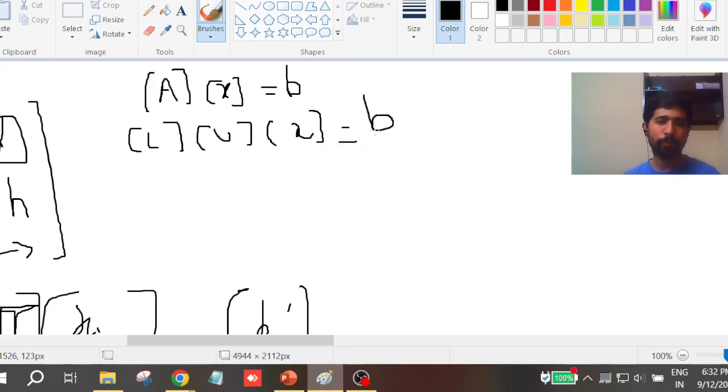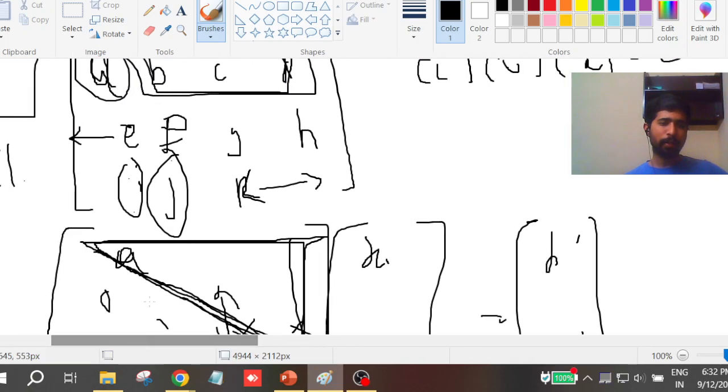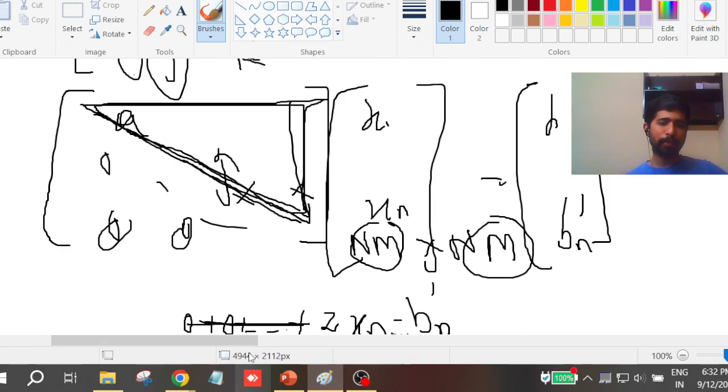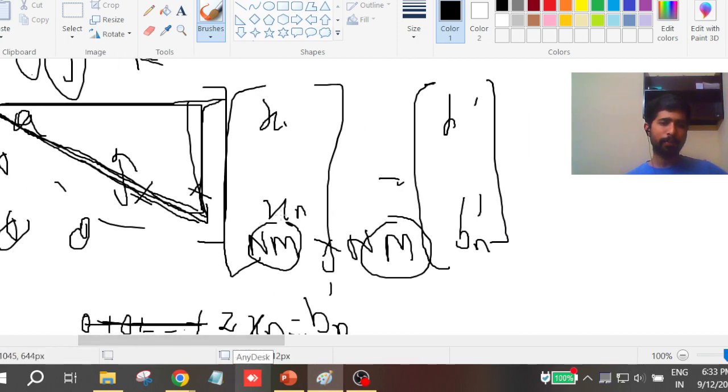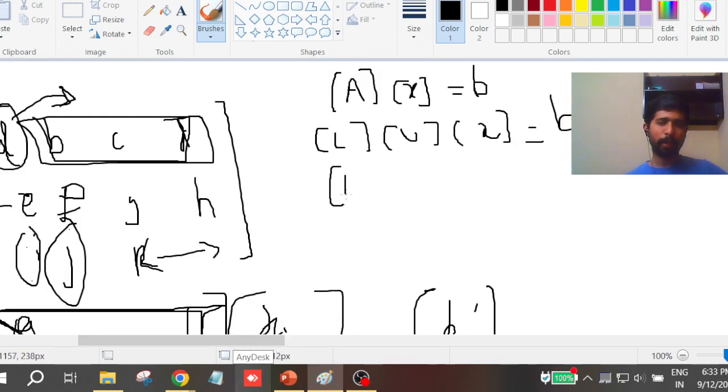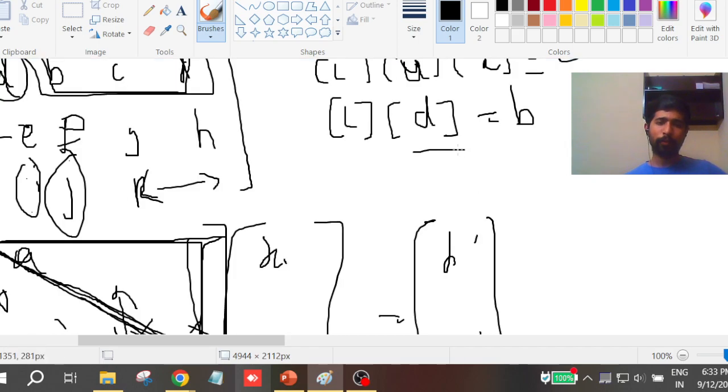Now, I have clearly told that once you get an upper triangular matrix, you can solve for these values. So for example, L into, say, U into X, I will take it as some D, is equal to B. Now I will try to get the value of D. This is again very easy.